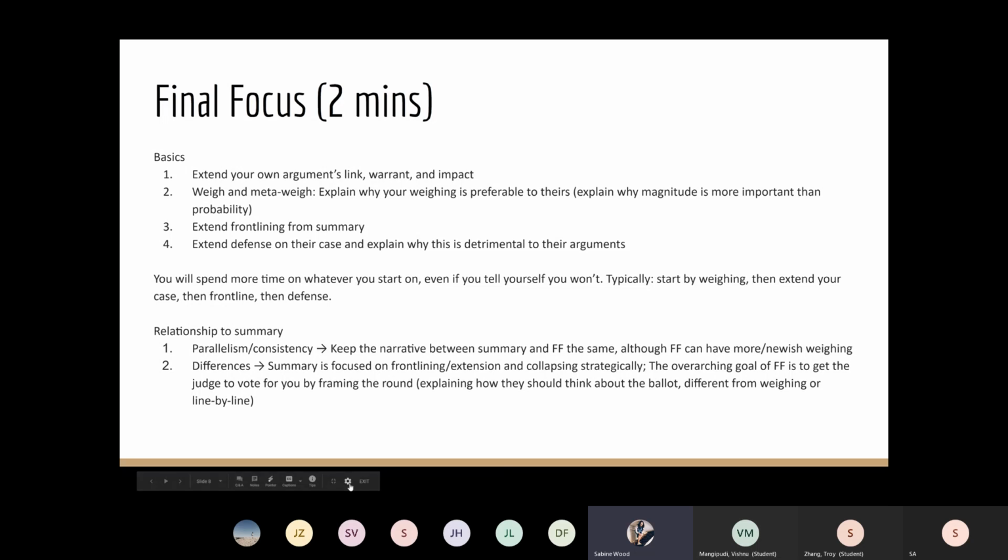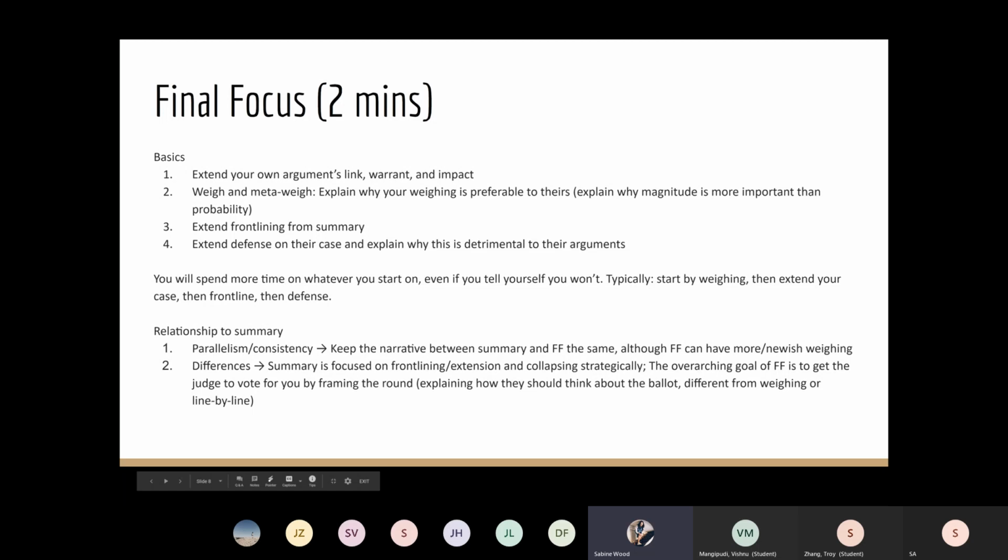Then you would explain that magnitude holds more relevance than probability, because if there's a chance of impacting a large number of people, then that's still more important than a really high chance of impacting a small number of people.